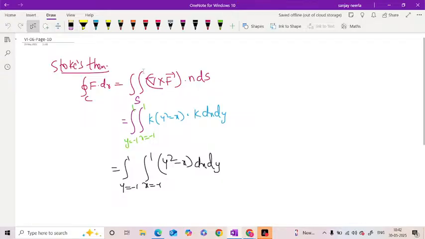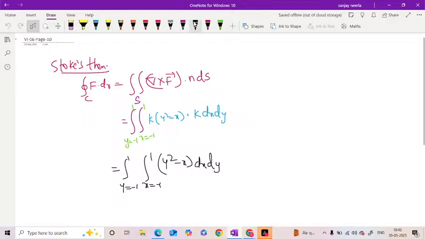The formula is the surface integral of del cross F dot n dS. Del cross F is already k of (y square minus x), n is k, and dx dy. After doing so, we get the double integral with y from -1 to +1 and x from -1 to +1 of (y square minus x) dx dy.